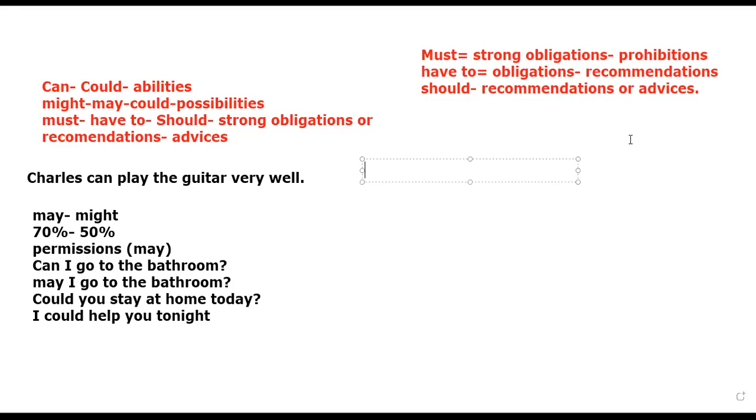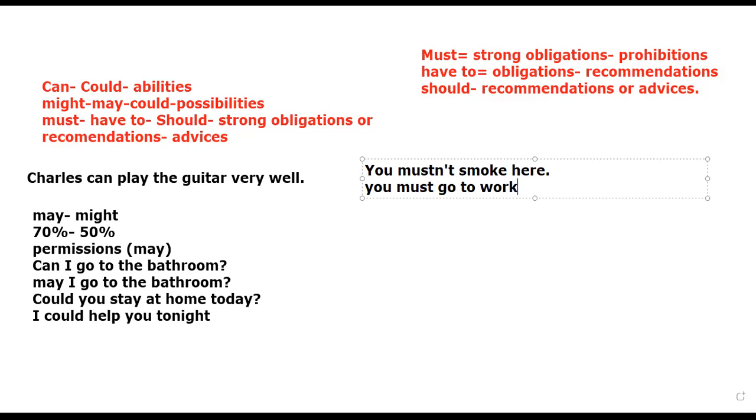Okay, example. Prohibitions. You mustn't smoke here. You must go to work early. Why?